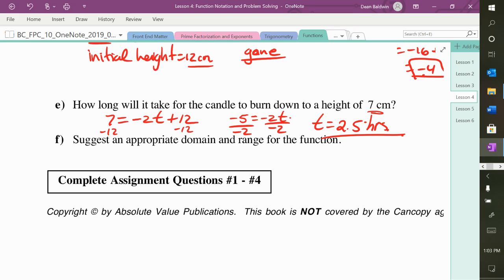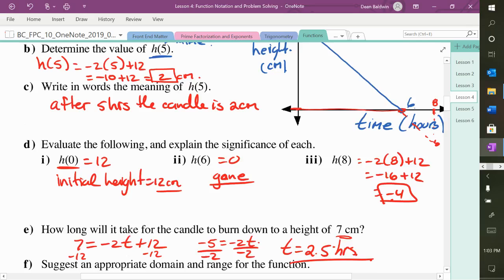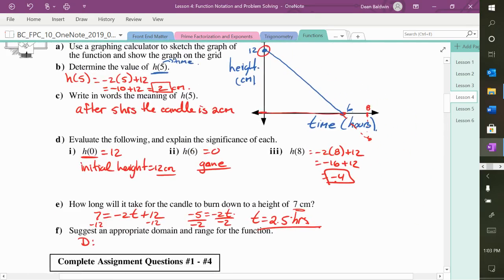And the final thing, what's an appropriate domain and range for the function? So domain is the x values, in this case time, right? So look at the x-axis. What is the lowest x value if you look at the x-axis? 0, right? That's the beginning. So time is 0. What's the highest that would make any sense? 6, right?